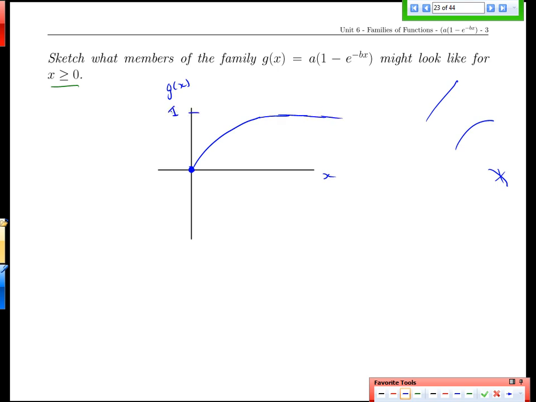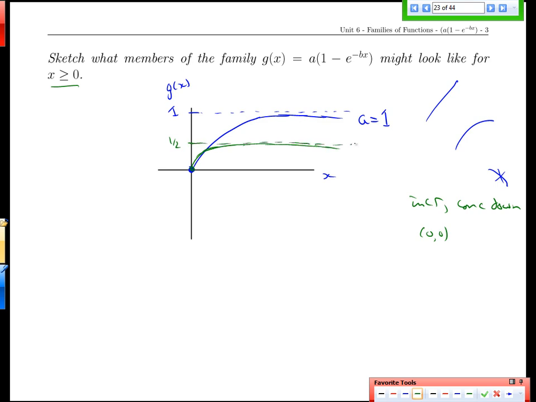Let's say we make that height 1. This would correspond to a equals 1 because we said there would be an asymptote at height 1. G of x in the long run approaches 1. And it's always increasing and concave down, and it goes through the point 0, 0. Let's say if we picked a half here. Now it's hard to say whether it goes first or last. It probably goes first, but we didn't actually analyze that.